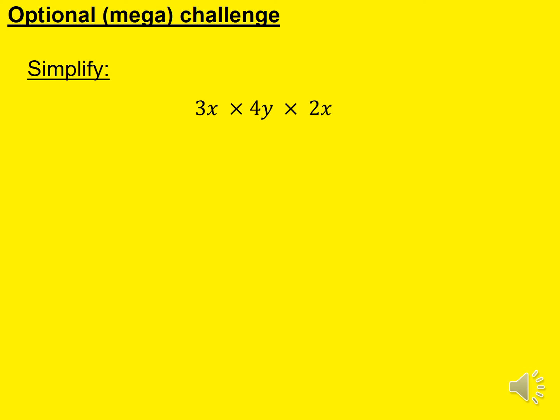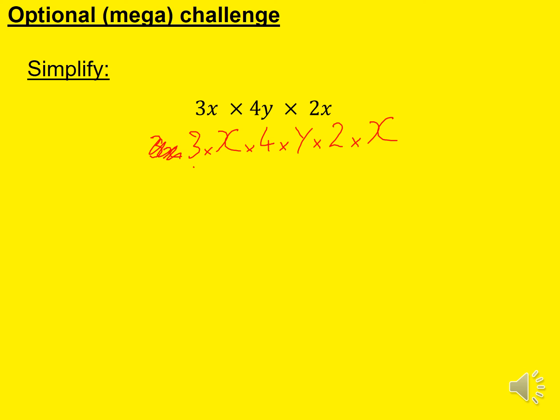So we've got 3x times 4y times 2x. So again, we're going to write out in full 3 times x times 4 times y times 2 times x. So loads of things times together. But the idea is still the same.